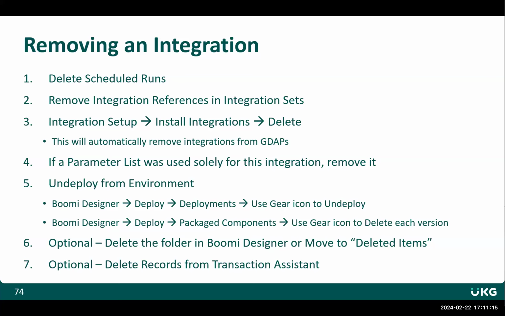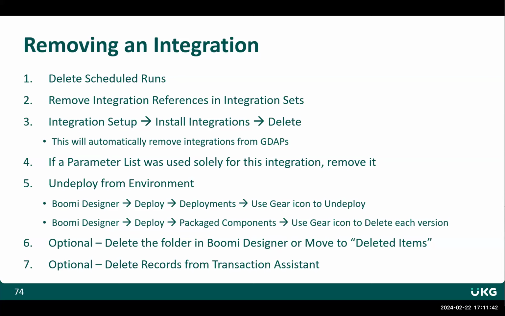And then also optional, if that integration that nobody cares about anymore had put a whole bunch of records into the transaction assistant that nobody wants to see anymore, you can just mass delete those records from that particular batch name. And that will just get them out of the way so that the users don't have to look at them anymore.